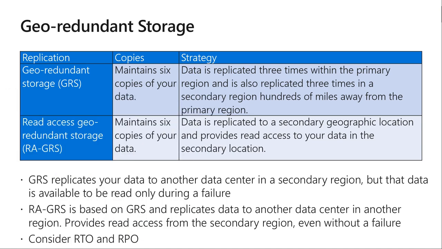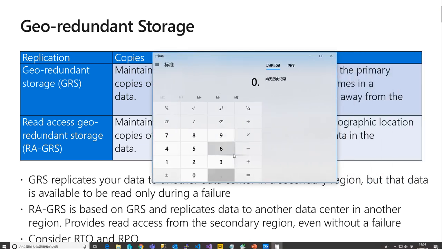Let's see, it's 0 point... times... So that's how many? 11 nines. I think I calculated wrong.